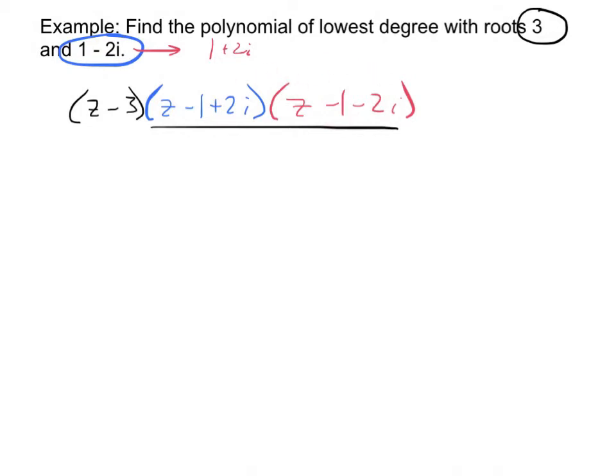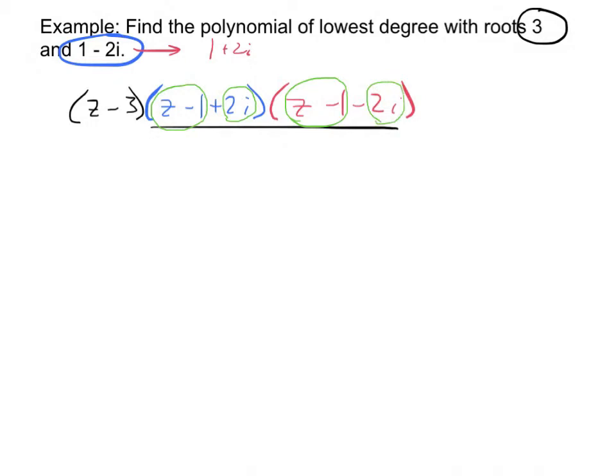I'm going to need to use a different color for this, and this may get confusing, but watch carefully. The secret is, look at this as z minus 1 plus 2i, and z minus 1 minus 2i. In secret, this is a difference of squares problem.